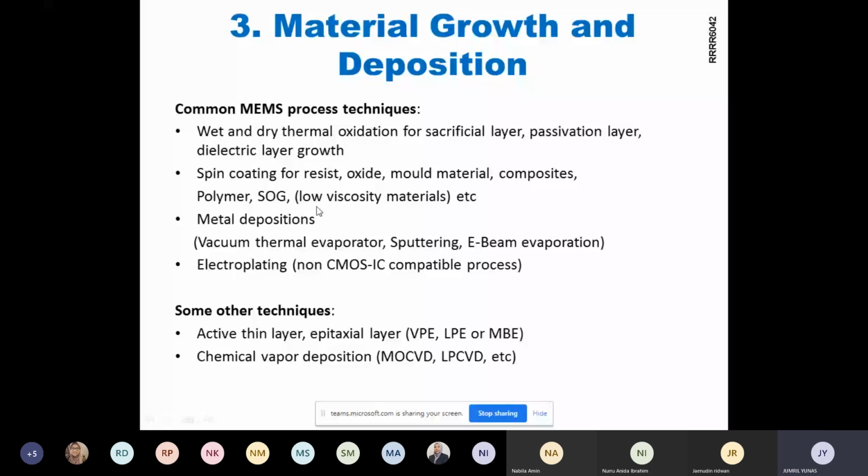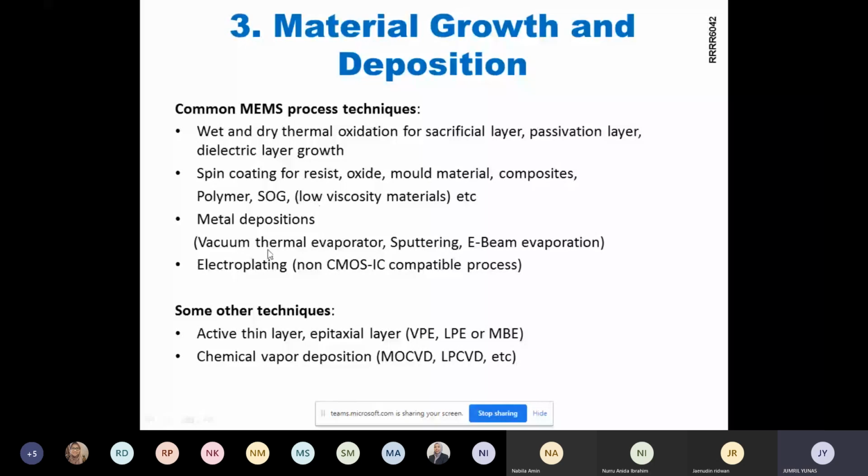Deposition also includes spin coating processes, such as spin coating of photoresist, oxide, mold material, composite polymer, SOG, spin on glass, and any other low viscosity material.